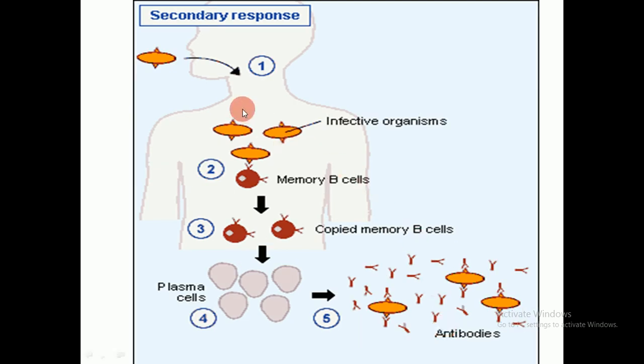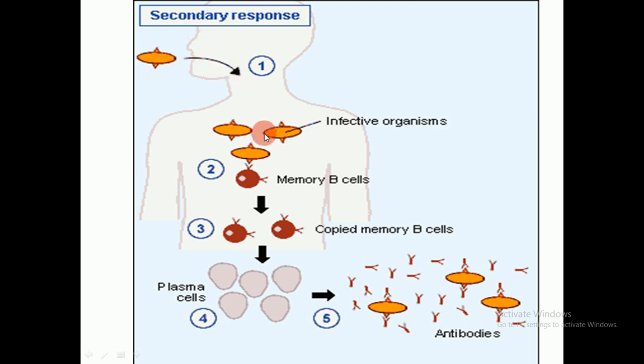In the secondary immune response, first the individual took the vaccine, and during an epidemic, when there is exposure to the pathogen, this leads to the secondary immune response.